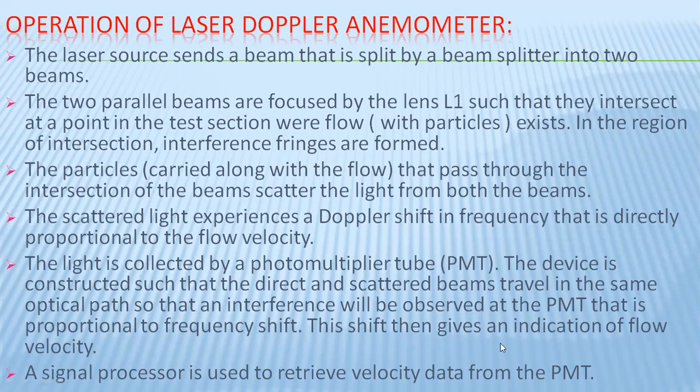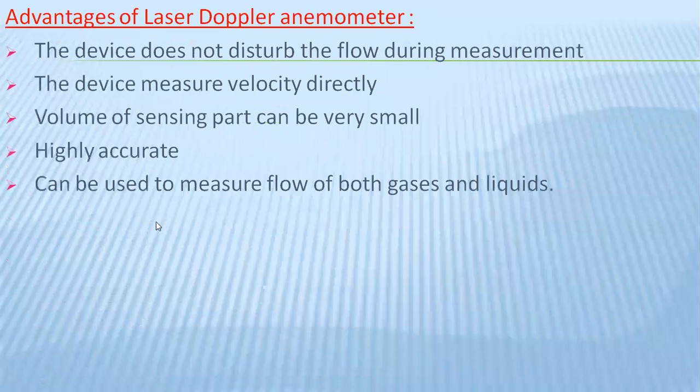This shift then indicates the flow velocity. The signal processor is used to retrieve the velocity data from the PMT. We calculate the flow rate by using this laser Doppler anemometer.